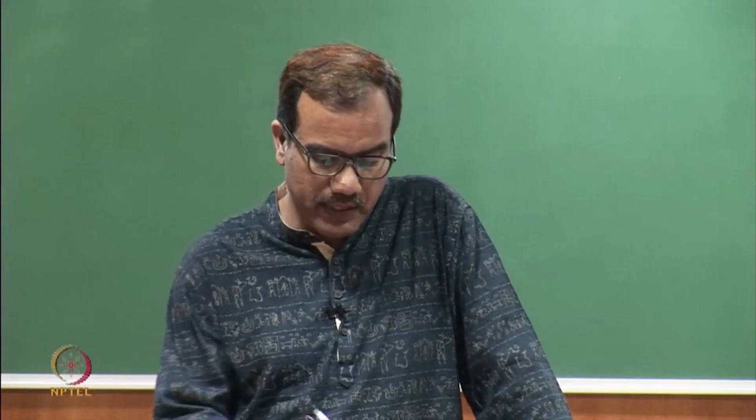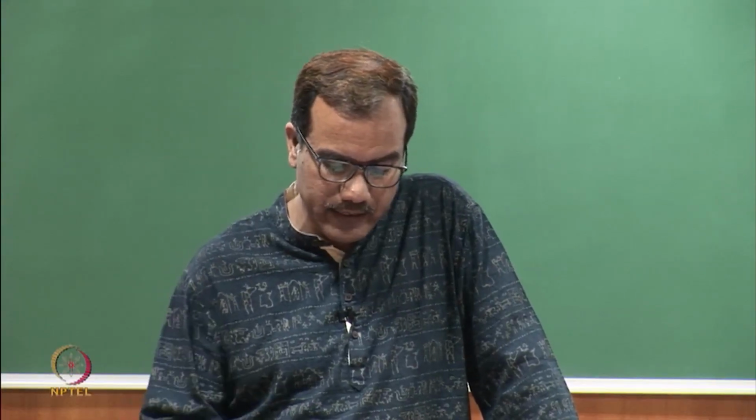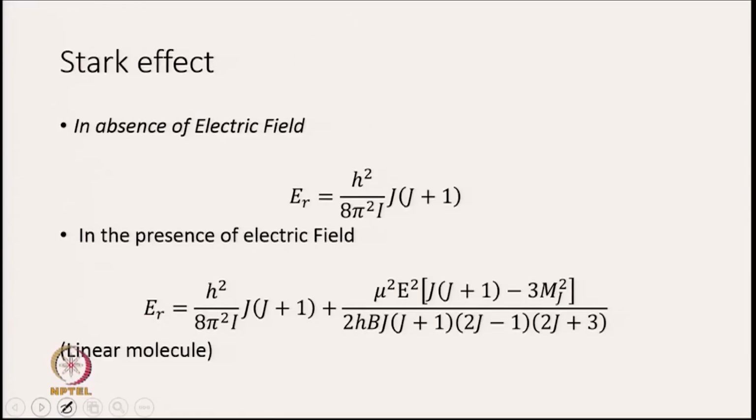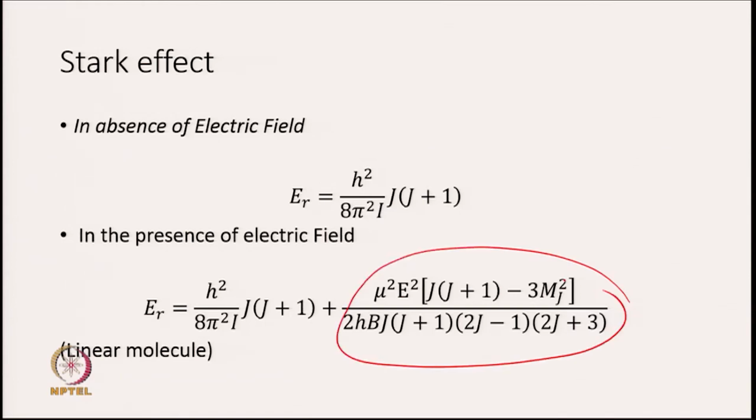In the absence of an electric field, we know that energy is given by h squared by 8 pi squared I, J into J plus 1, but in the presence of an electric field, particularly for a linear molecule, one more term comes in. In the absence of an electrical field, the energy is not dependent on m, but in the presence of an electrical field, energy depends not only on J but also on m.